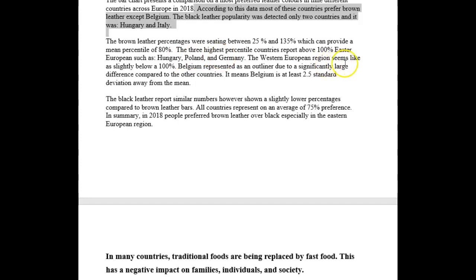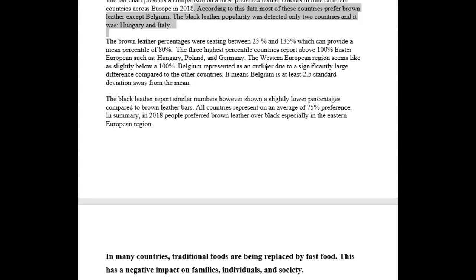The Western European region falls slightly below 100,000. Belgium is represented as an outlier, not outliner, due to a significantly large difference compared to the other countries. It means Belgium is at least 22.5 standard deviation away from me.